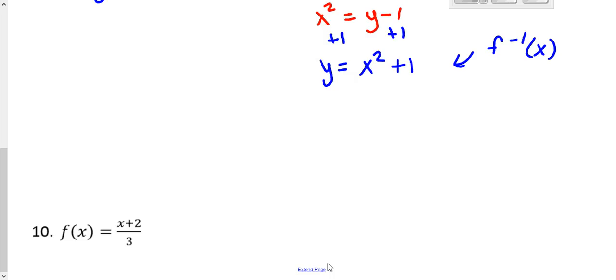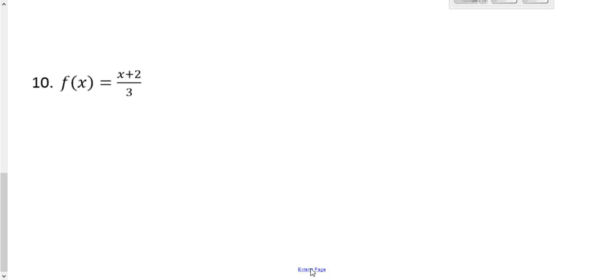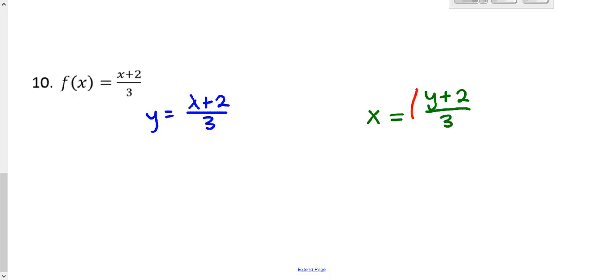We have one more here. This one is y equal to x plus 2 over 3. So we need to switch: x equals y plus 2 over 3. So first thing to do is get rid of the 3 in the denominator, so we multiply both sides.